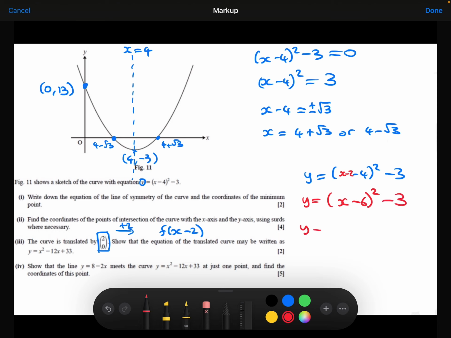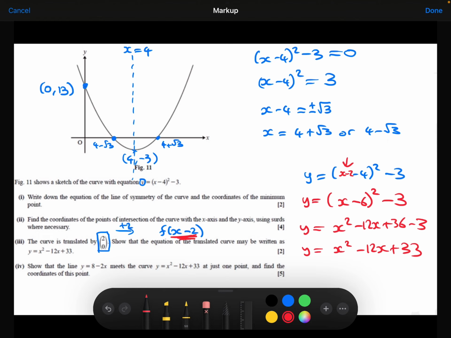We can then expand those brackets and simplify. And that's what we needed to show. So the fact it's been translated by positive 2 in the x direction means we need to have an x minus 2 on the inside of our function.